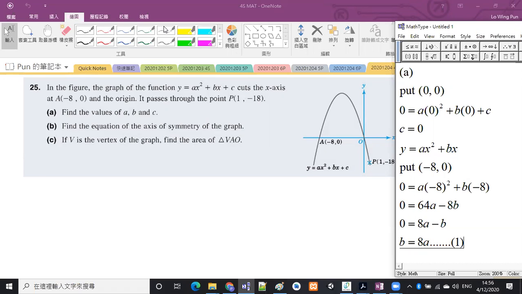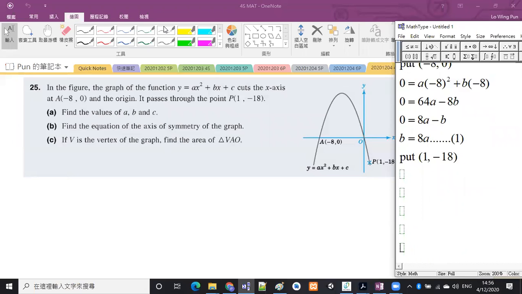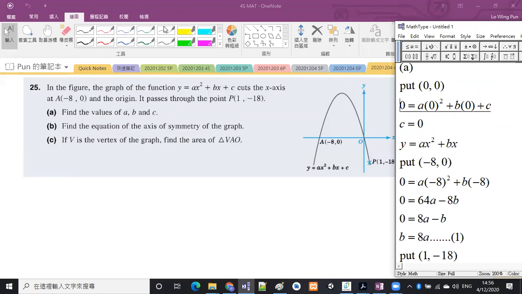I call this equation 1. OK，去到 B 等於 8A 咧，冇得再化簡啦，你就 save 低佢變成一式。咁有得一式嘅話咧，即係要有埋二式咯。二式喺邊度嚟嘅咧？就係剩翻嗰個 point 塞入去啦。So we need to put the coordinates of point P into our equation. Okay, so put 1 and -18 into the equation, which equation is y equals ax squared plus bx.